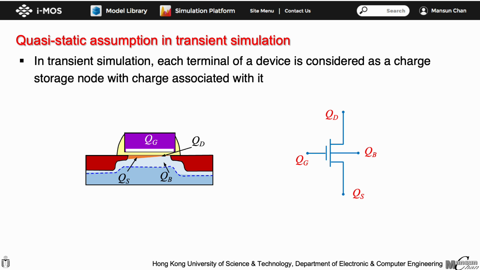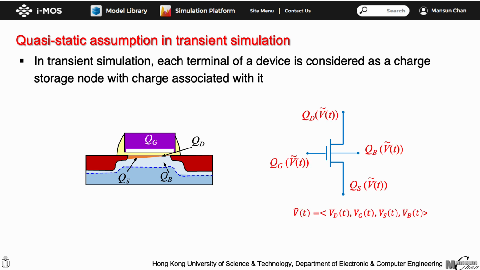In the formulation of the transient model, the quasi-static approximation is assumed in deriving the charge model. That is, we assume that all terminal charges only depend on the instantaneous voltages at a given time. As long as the voltage is known, the value of the charge at all terminals are fixed.